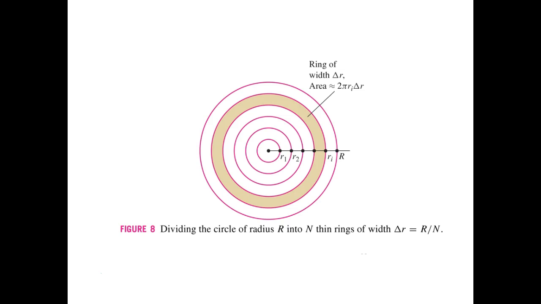So what you're going to do is find the population within each of these strips. Your population density will vary from r equals 0 to r equals capital R. That is your population density, which I bet they're going to call rho as well.